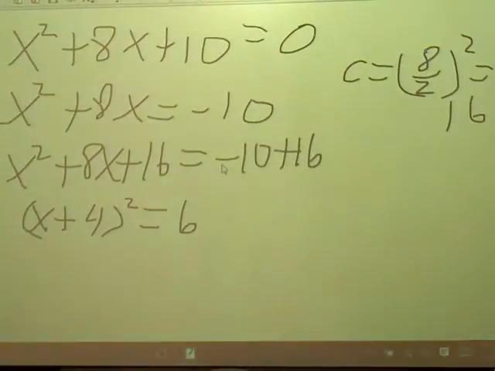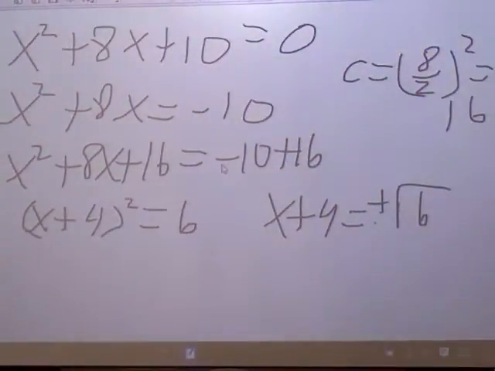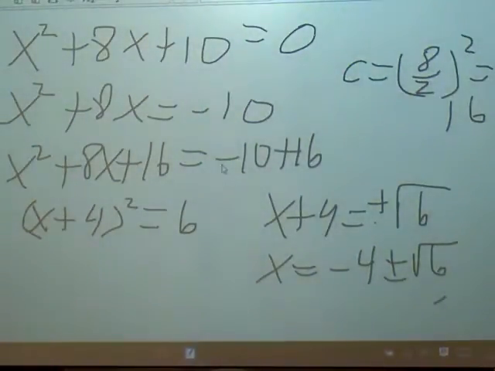Okay, not too bad now. You're ready to do what? Get rid of the squared, so square root it. So x plus 4 will be the positive or negative square root of 6. Now move your 4 over. x is negative 4 plus or minus the square root of 6. 6 doesn't break down, so that's it.